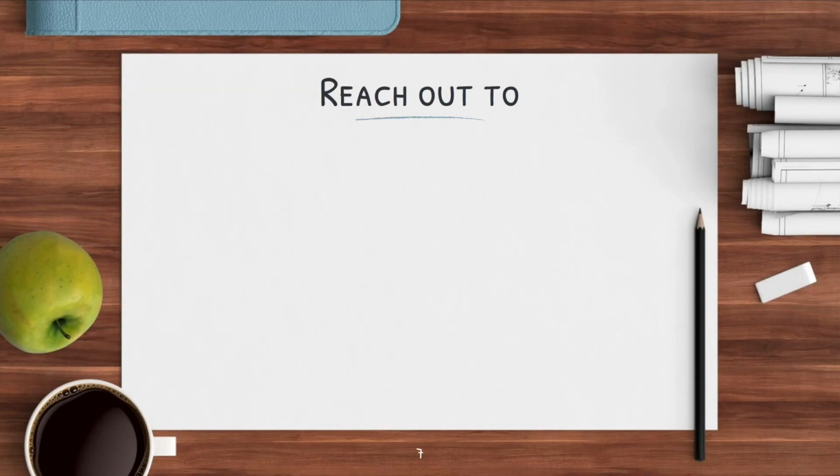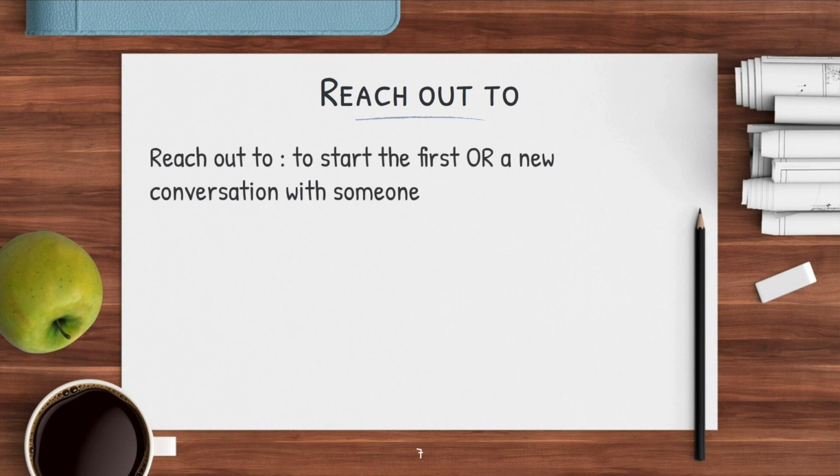Next, to reach out to someone means to start the first or start a new conversation with someone. So this can be when you first create contact or if you're just starting a new conversation with someone you already know. Most of the time in business, this is used when we're talking about emailing people.